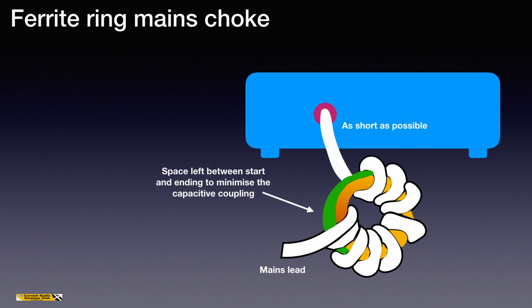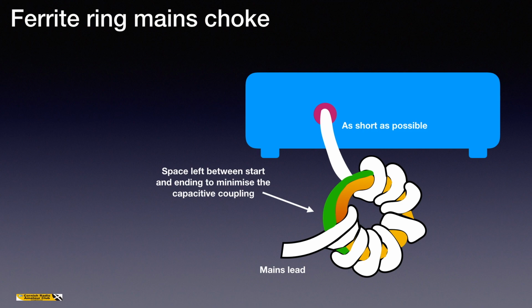So this is a ferrite ring. And a ferrite ring then is a way of providing filtering on the mains. So the mains comes in, is wrapped around this ring, and the close coupling between the mains lead and the ferrite concentrates the magnetic field such that it allows the low frequency mains to go in uninterrupted, but tends to attenuate any RF.